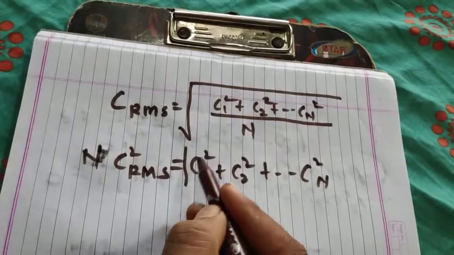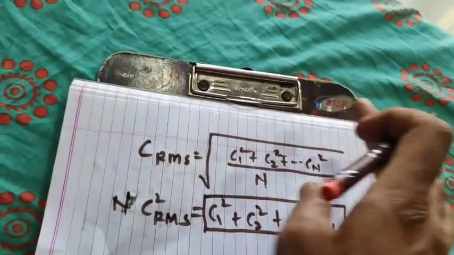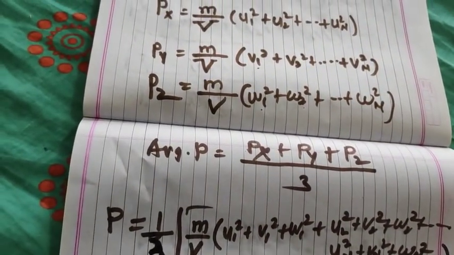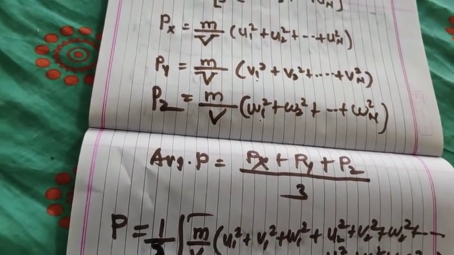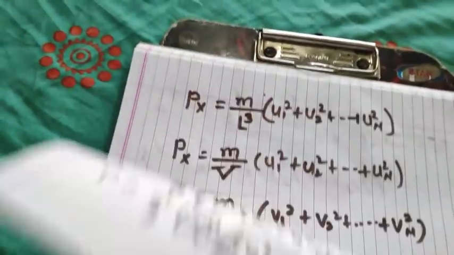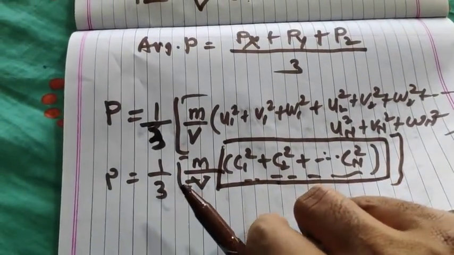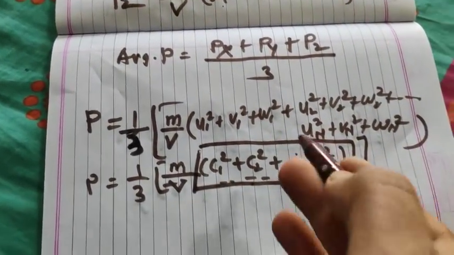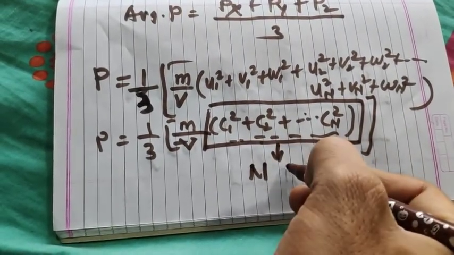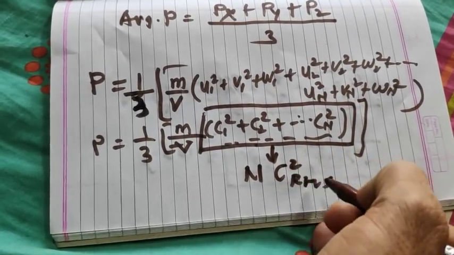For this entire C1 square plus C2 square matter in P is equal to 1 by 3 m by V, we can substitute capital N C square RMS, or small n C square RMS.